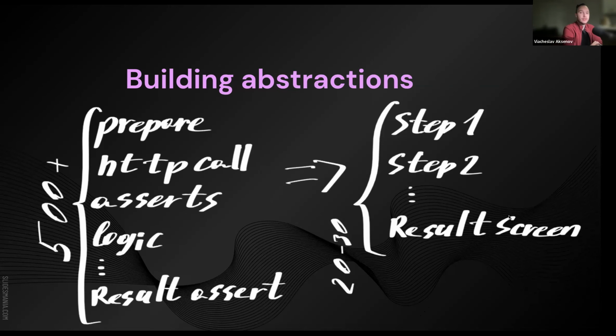It was very difficult to build the internal architecture and logic with new abstractions for the test service, but the third time we did it well, and it allowed us to decrease the lines to 20 or 30 for each test.